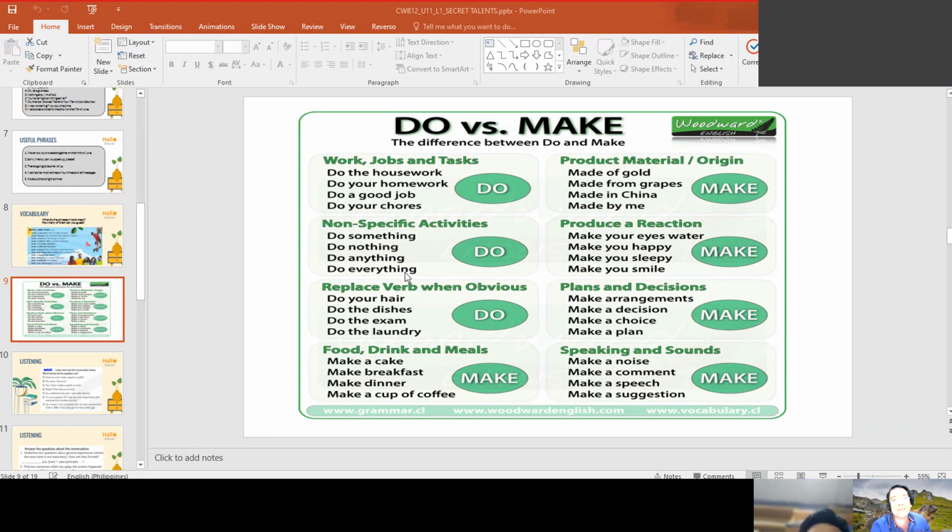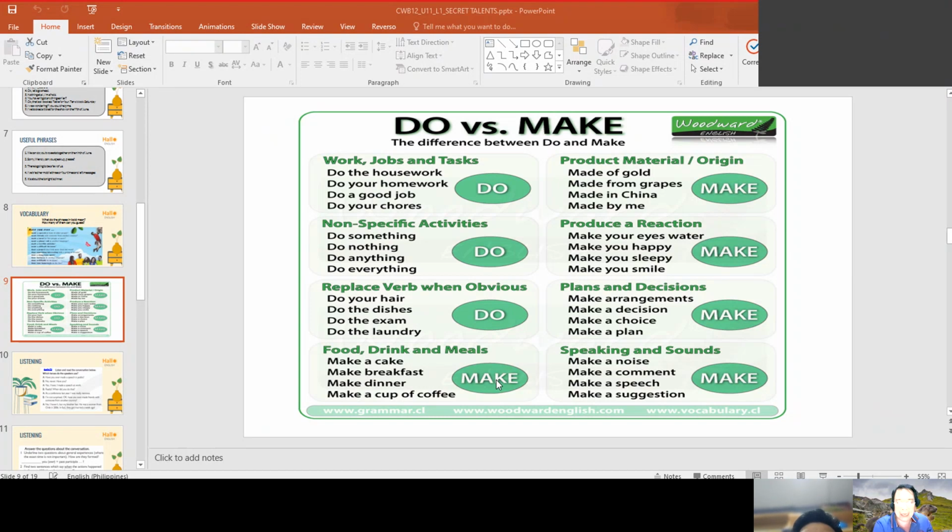We're not going to say make everything that you can, it should be do everything that you can. Another one, do can replace a verb when used, like do your hair, do the dishes, do the exam, do the laundry. So these are the uses of do.